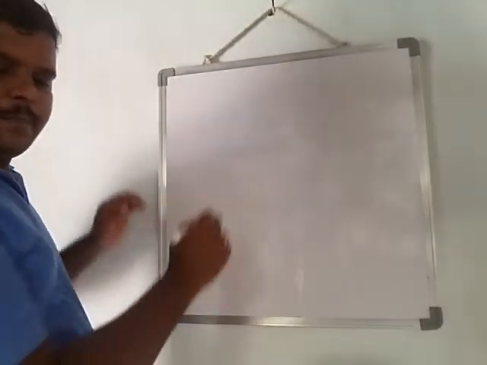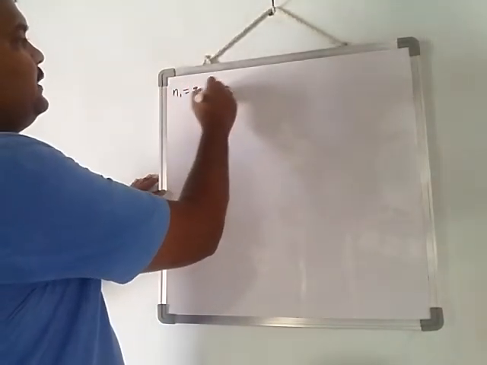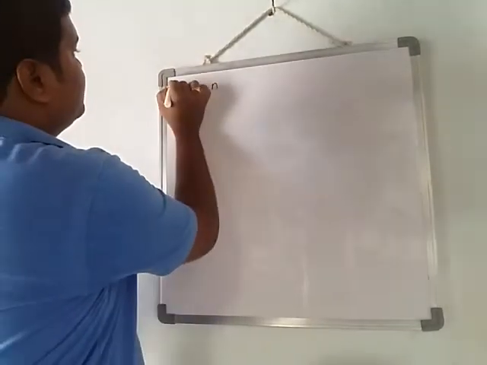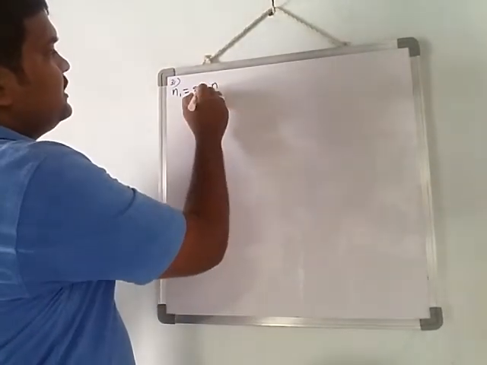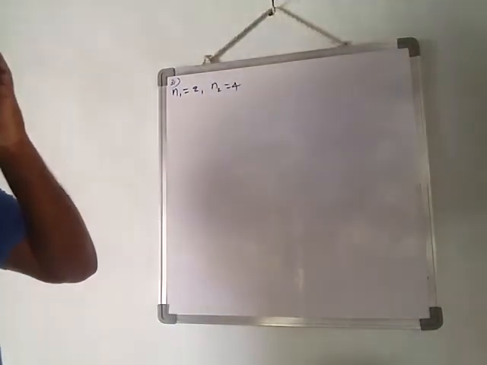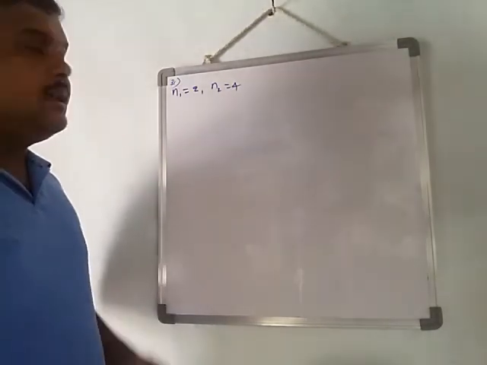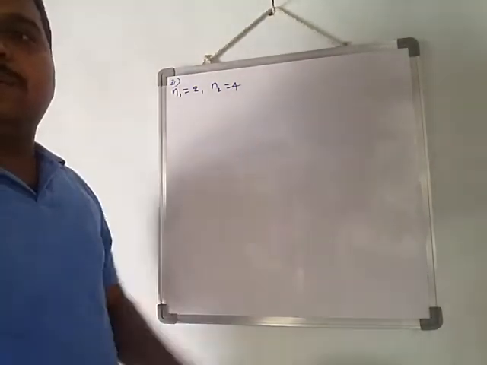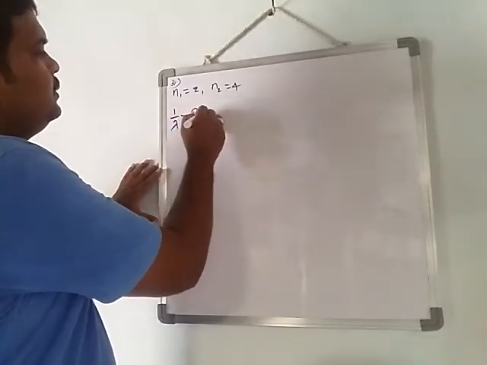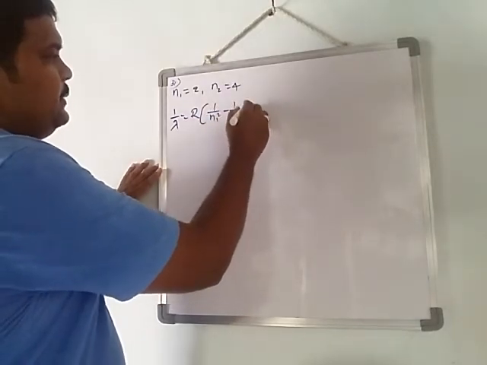So see that here n1 is equal to 2, n2 is equal to 4. It is asking to calculate which color it will produce when it jumps from higher to lower. So the formula is 1 by lambda is equal to R(1 by n1 square minus 1 by n2 square).